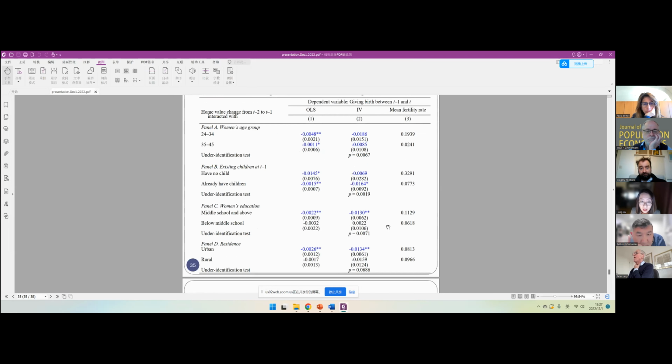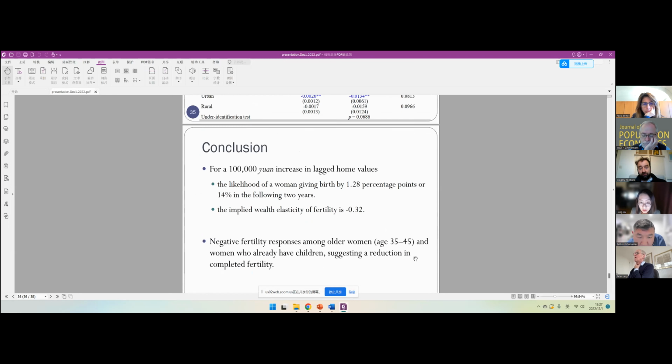And here we find the negative effect is concentrated in women with higher education and from urban areas.